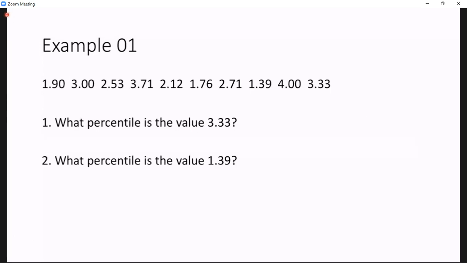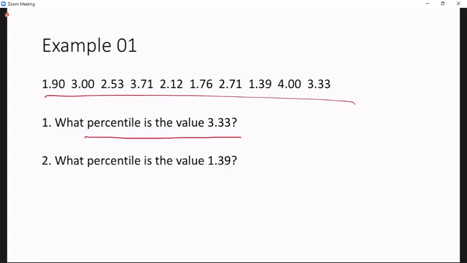Here you have an example. You have 10 data values, 3, 4, 5, 6, 7, 8, 9, 10. You need to find the percentile value of 3.33. What percentile is the value 3.33? How can you find the percentile value?